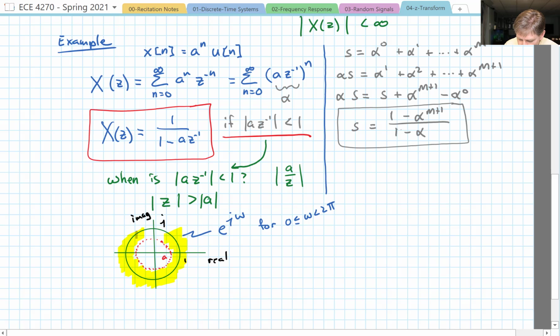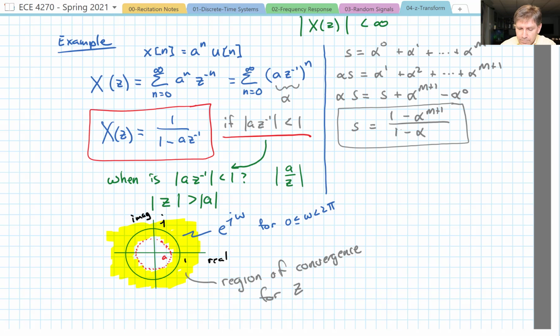So everything outside here is the region of convergence. So in general, we want the region of convergence to include the unit circle.